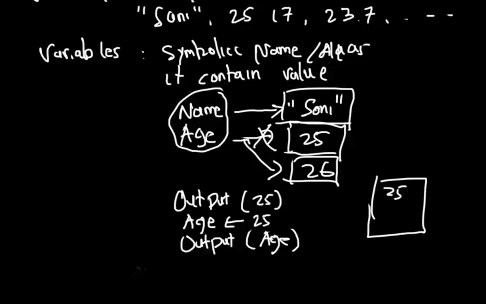But if you change this, for example, +1, because you turn 26, you have a program that in the next year you add +1 to this value. Now the number will become 26. Then you will output 26. Okay.